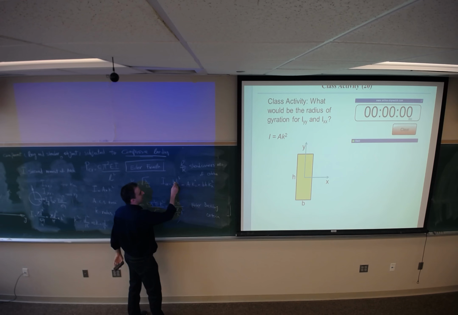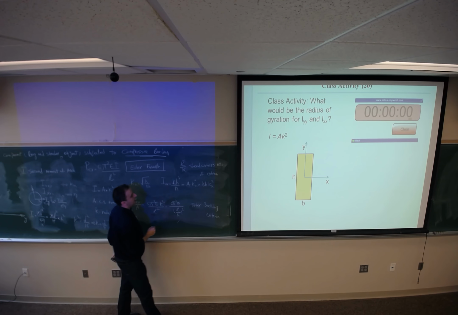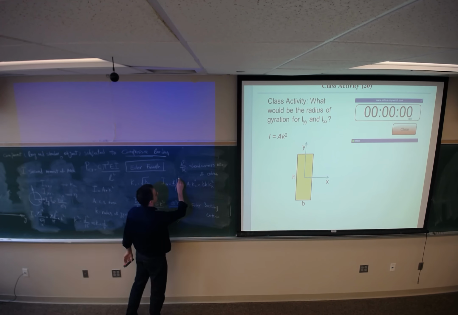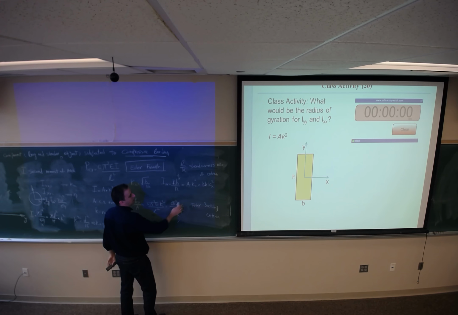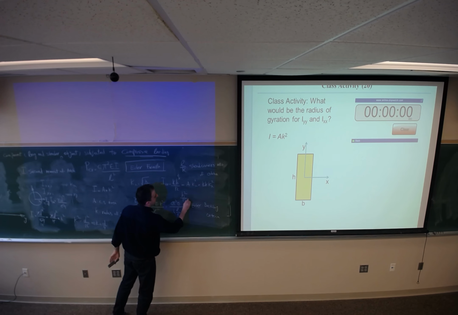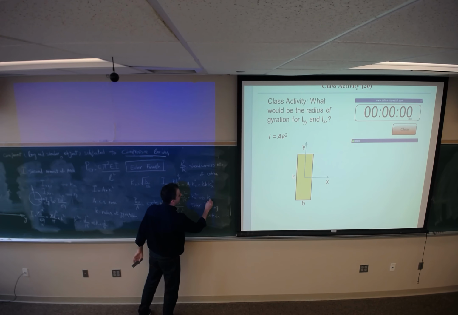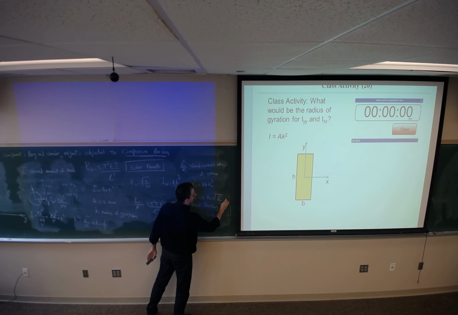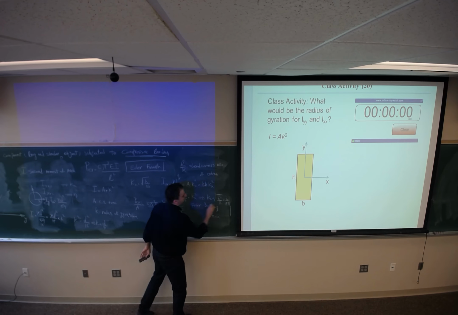I can cancel out the B and one of the H, and I get H squared divided by 12 equals KX squared. So KX would be the square root of H squared divided by 12, or H over the square root of 12.